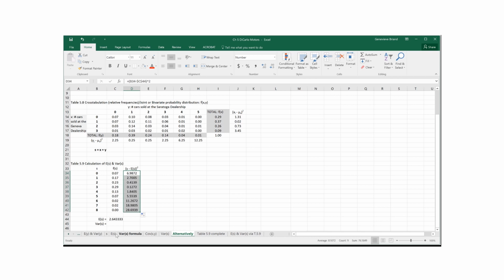Copy that, ready to compute my variance. It's the product of square deviation and its corresponding probability of occurrence.